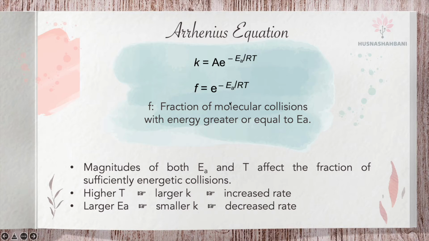The magnitude of both activation energy and temperature affect the fraction of sufficiently energetic collisions. So higher temperature, larger k value, larger rate constant, thus the rate of reaction increases. If we have larger activation energy, smaller rate constant, the rate of reaction decreases.